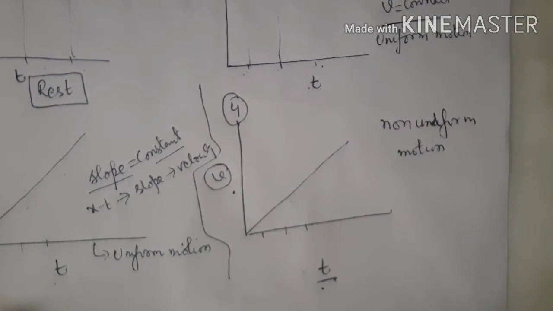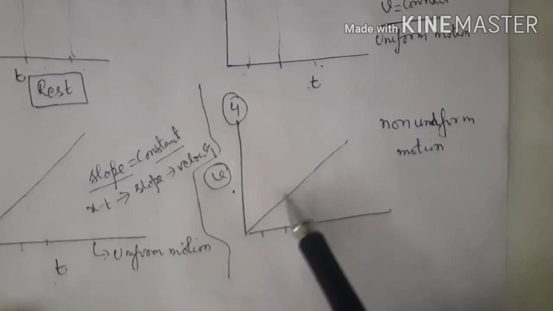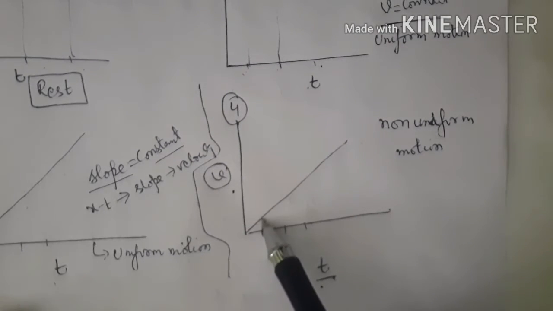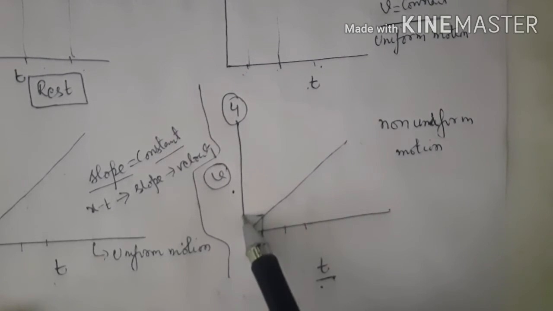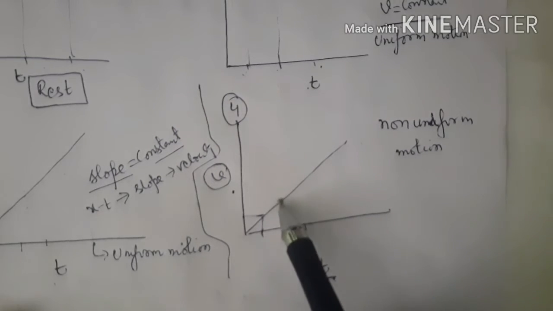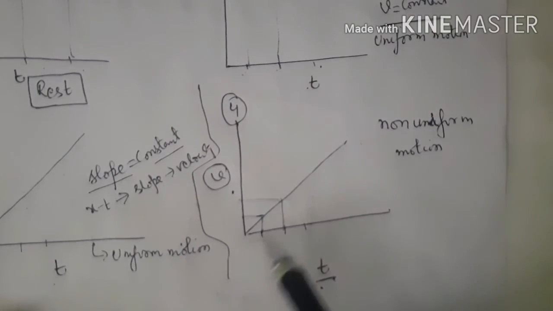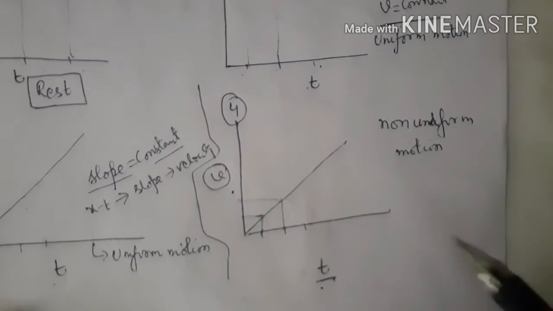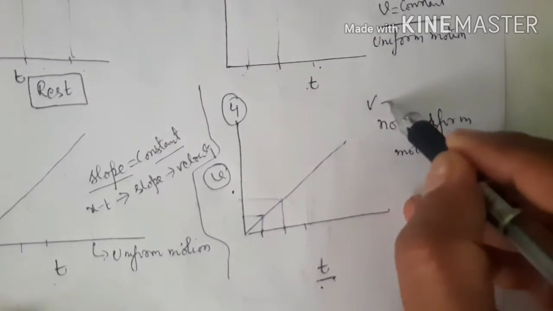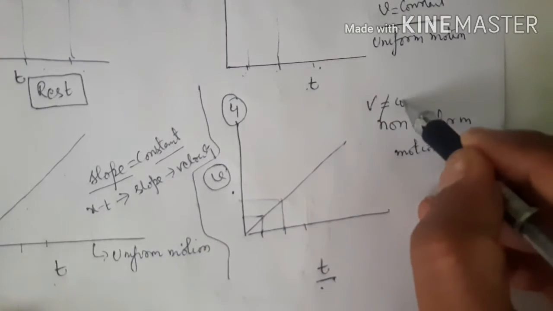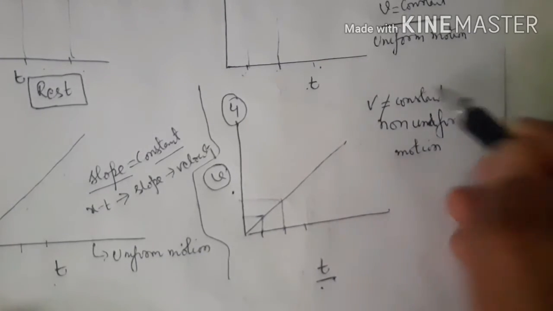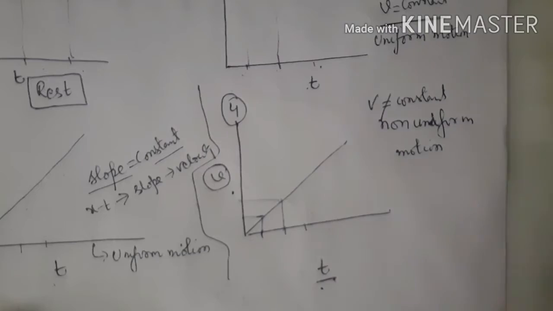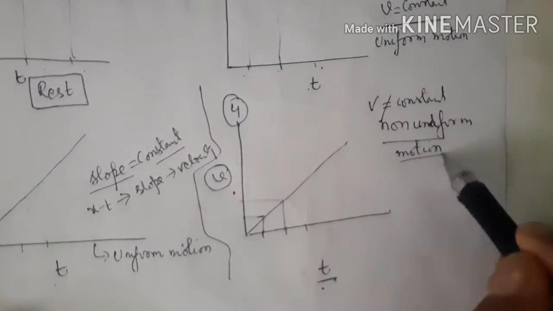See here, at this time the velocity is this much, at another time the velocity is different. So at different times the particle has a different velocity. Velocity is not constant, so it is non-uniform motion.